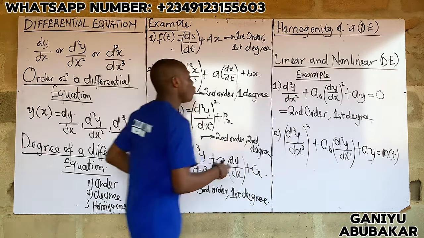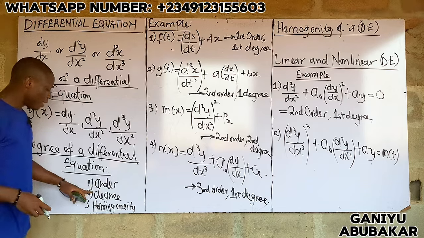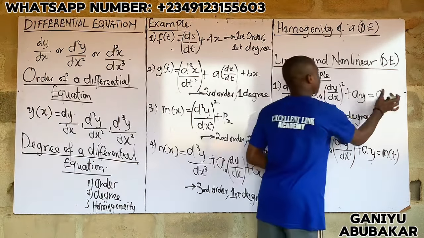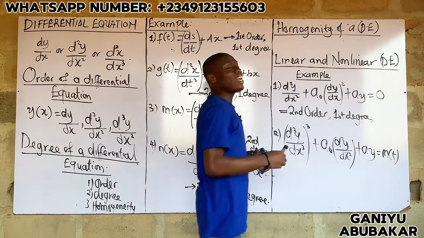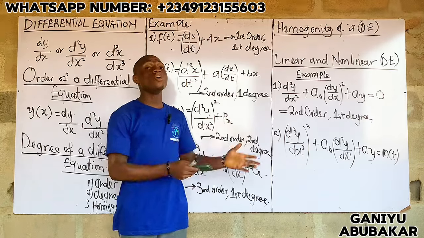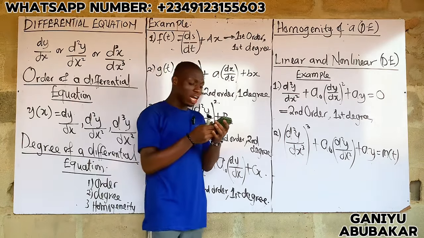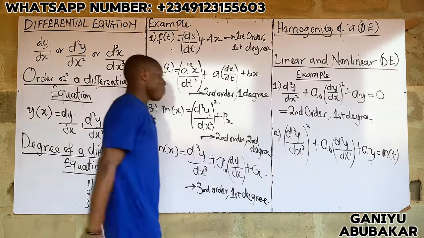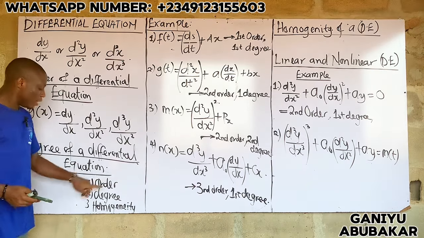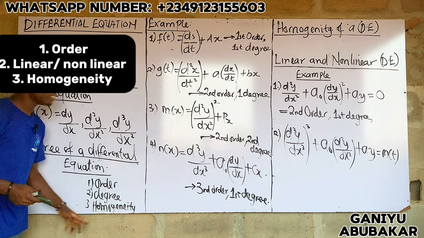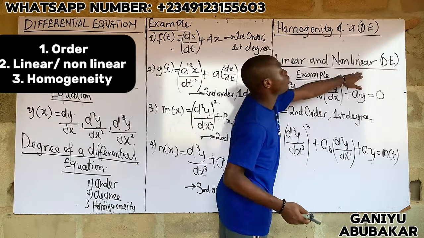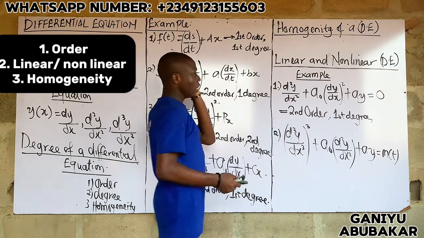Finally, we said when naming, start with order, degree, and what? Homogeneity. For homogeneity, this differential equation is equal to 0. So when a differential equation is equal to 0, it's called what? A homogeneous differential equation. So perhaps you could add order, degree, homogeneity, and linear and non-linear, right?